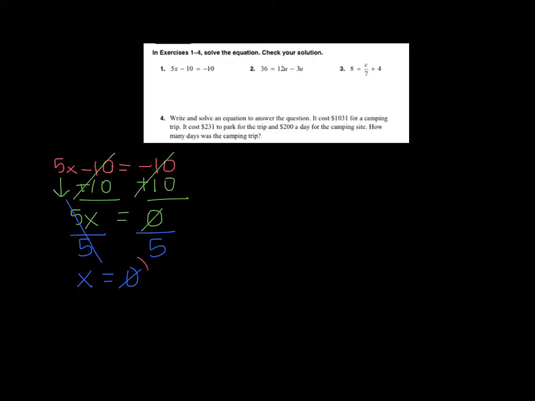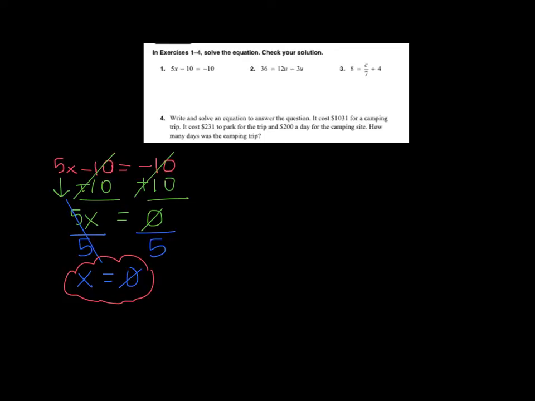Okay? So here, my answer is x equals 0. You could always plug it in and check it. 5 times 0 is 0, minus 10 equals negative 10. So I see that that value works in the equation. Okay? All right, let's go ahead and look at number 2.